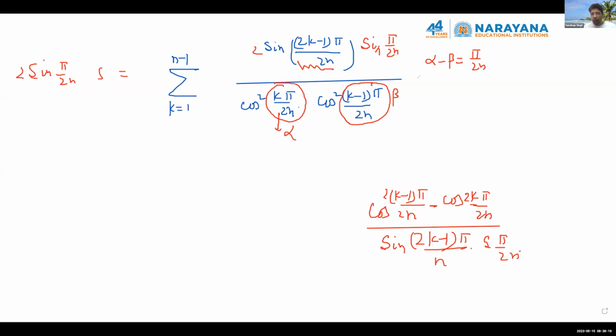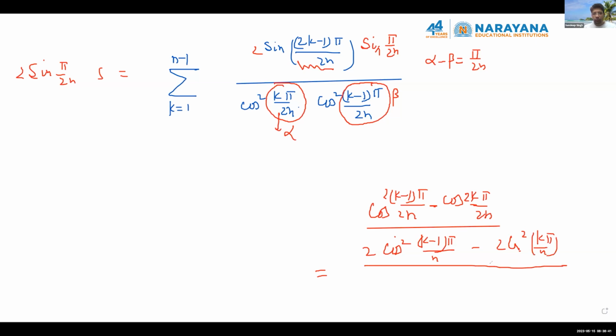And cos 2 theta minus cos 2 alpha minus cos 2 beta, you can deal as 2 cos square minus cos square. Correct. So this will become a method of difference. So 2 cos square (k minus 1) pi by n minus 2 cos square, like this it will do. Right? Product will only do. Okay, no issues. Not minus. Cos square k pi by, is that everyone did know?